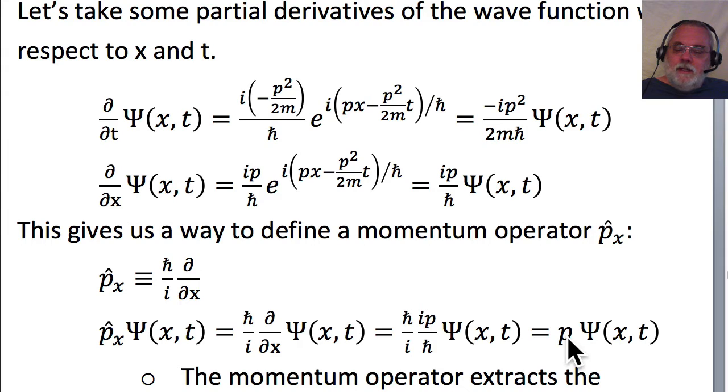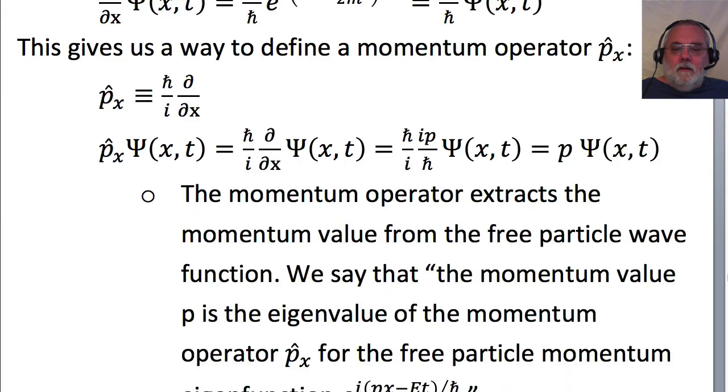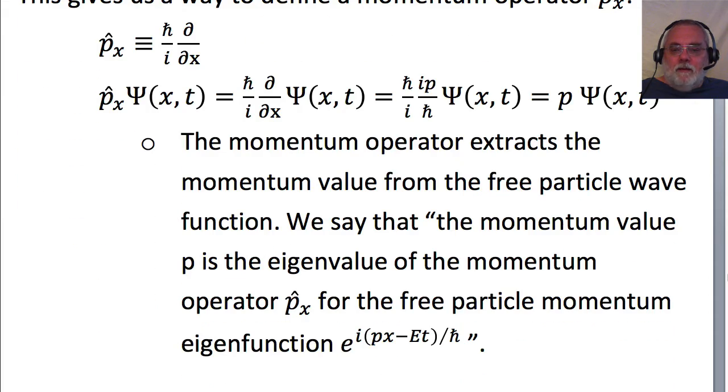Now this p is the constant value of momentum for that free particle. This p sub x hat is an operator. This value of p is the constant momentum for this special free particle wave function. The momentum operator extracts the momentum value from the free particle wave function.